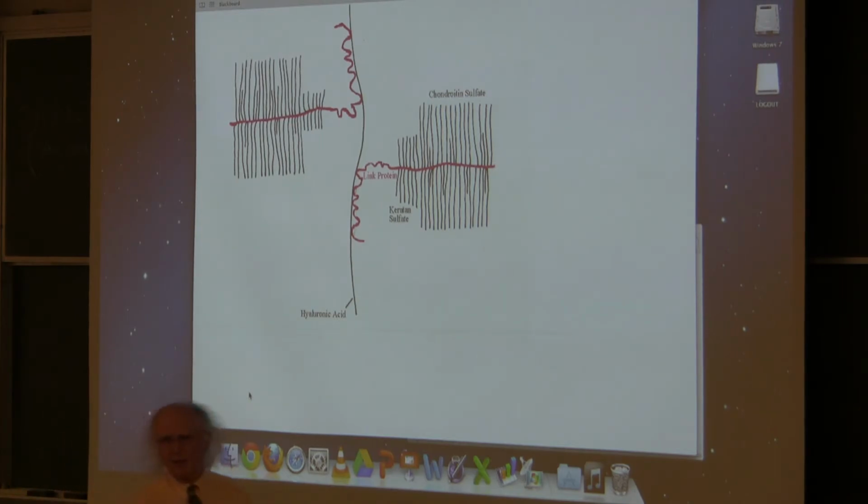Every single sugar in there is negatively charged. What happens if I try to put something that's got thousands of negative charges next to something that's got thousands of negative charges right there? What's going to happen? They're going to repel the hell out of each other, right?